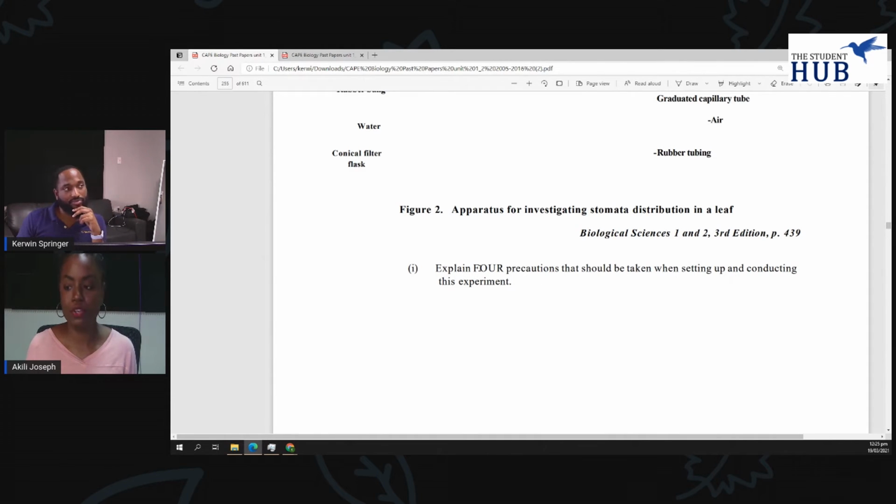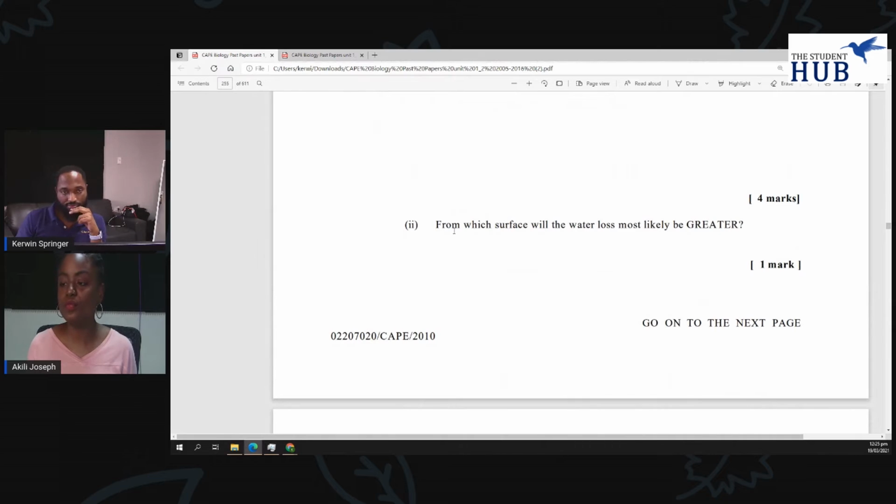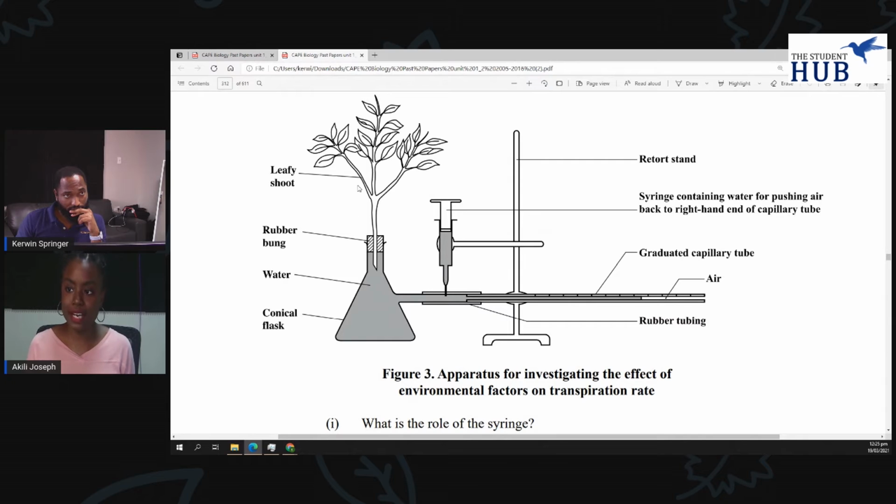Great. So then part 2 of that question says, from which surface will the water loss most likely be greater? Again, I'm just bringing us back to the diagram here. And this question should be able to be answered just from a theoretical point of view and not necessarily practical, because it's a fact that the lower surface of leaves will always tend to have more stomata than the upper surface.